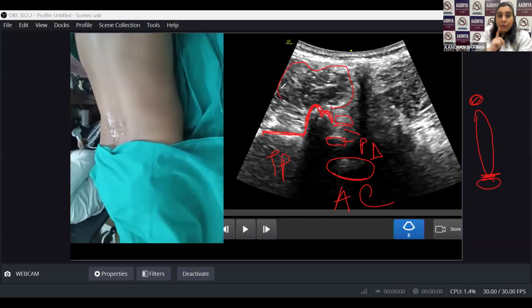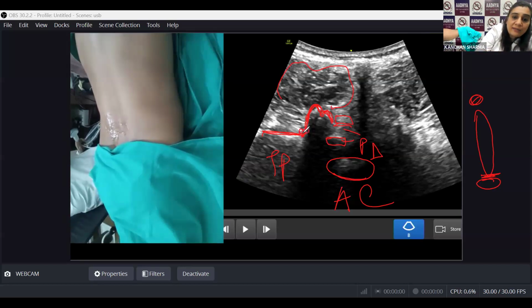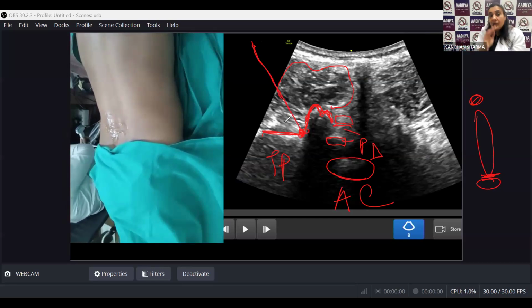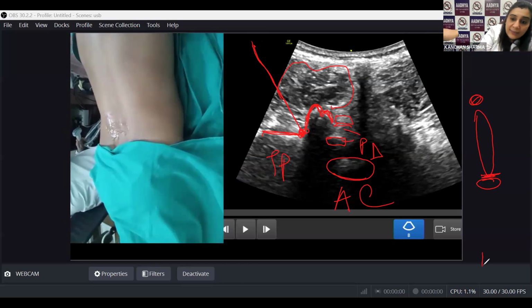So if you want to give a facet joint diagnostic block, right, you are supposed to come from the lateral side. Okay, I'll just show you how to do it. You are going to come from the lateral side and you will hit this bone. Once you are able to hit a bone, you are supposed to rotate the probe again in the longitudinal axis, and that time you should be seeing a finger-like projection.